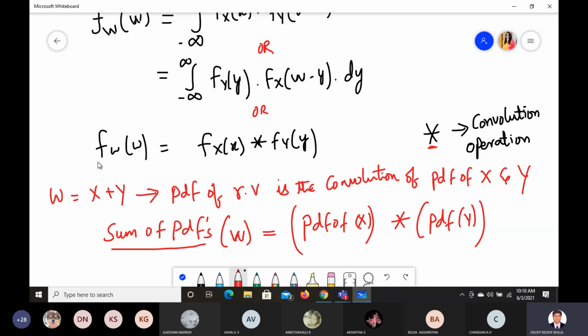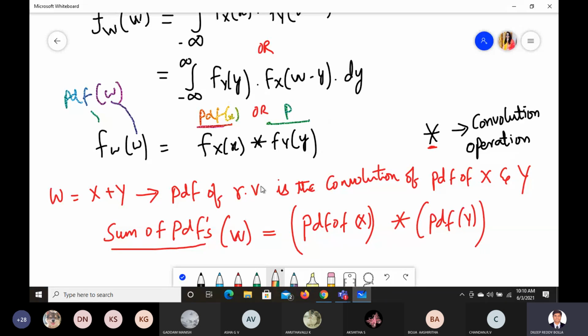So this f is the PDF function of W, this corresponding thing is the PDF of X, and this corresponding thing is the PDF of Y.